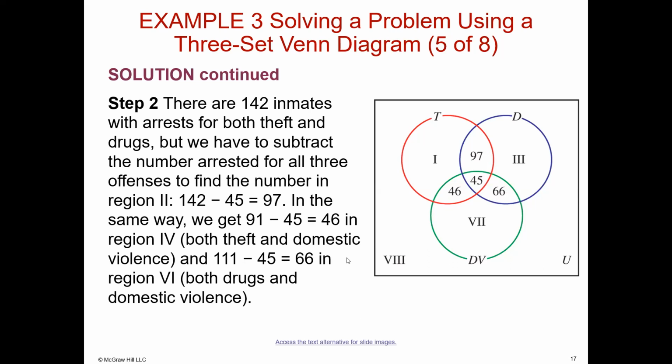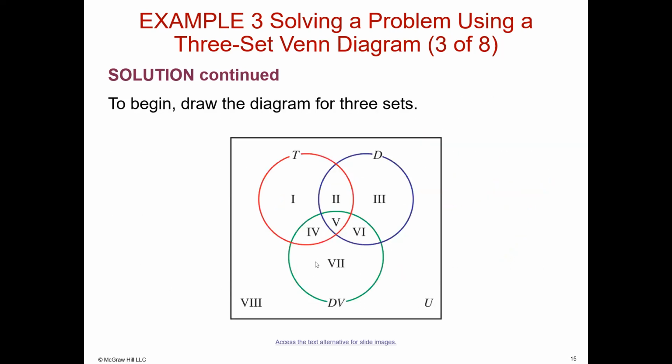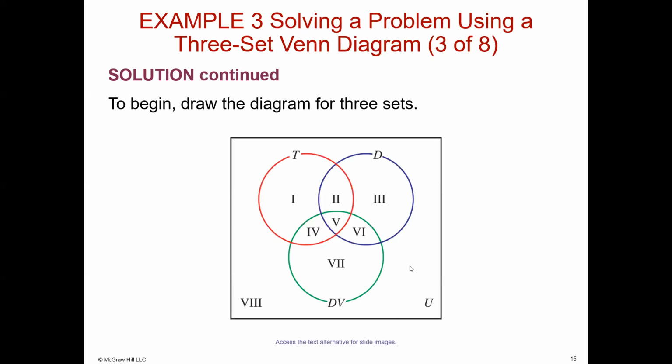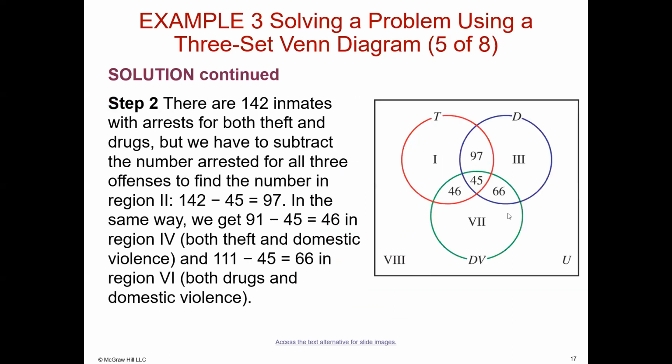All right. So we worked our way up to what number? 111? Yeah. Now we're up to 142. 142, okay, charged with theft and drugs. So what numbers do we have so far? We've accounted for this number here, correct? We got this number, and this number, correct? Yes. We're not supposed to know any of the other numbers at this point in time.